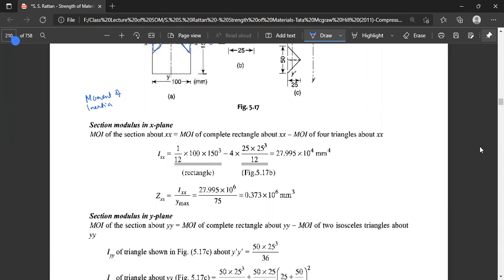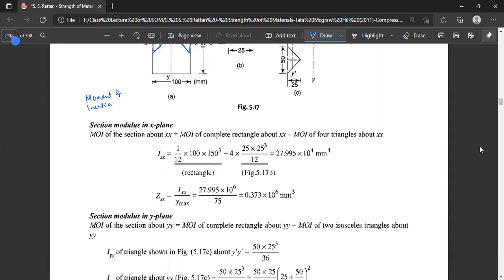the moment of inertia of the total rectangle is 1 by 12 multiplied by the base width, which is 100, multiplied by the height 150, so 150 to the power 3.